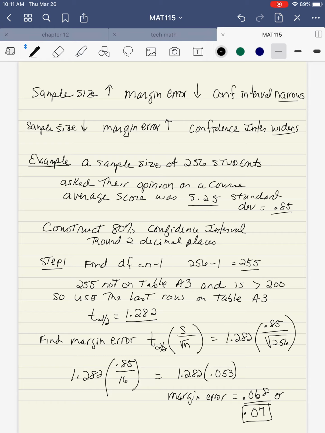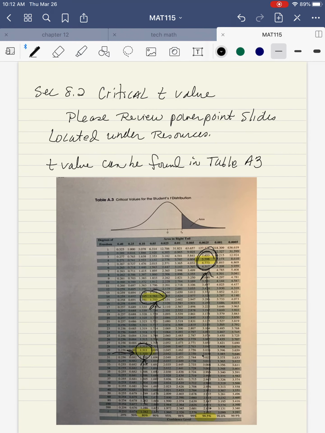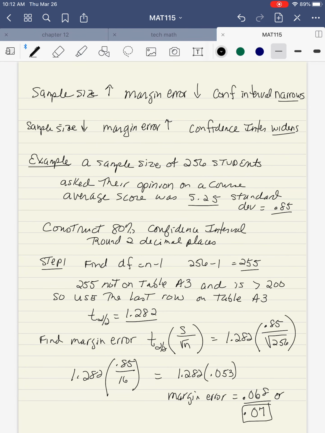Again, 255 is not on the table, but because it's greater than 200, I use that last row on Table A3. So the last row on Table A3 is this one down here. So I match that up with 80% confidence level, and that is 1.282.